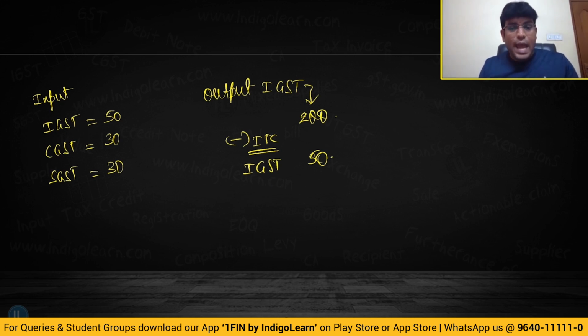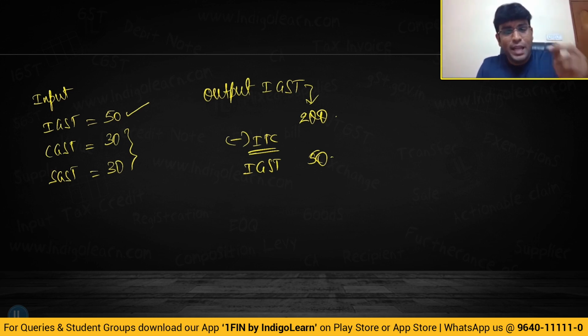Done. So friends, if output IGST is 200 and I have input tax credit, first what will I use? IGST I'll use first. 50 I'll set off. CGST, SGST credit I will not touch first. IGST is completely gone. What is the balance left now? CGST, SGST. Now my question to you is, can I use CGST credit for output IGST?